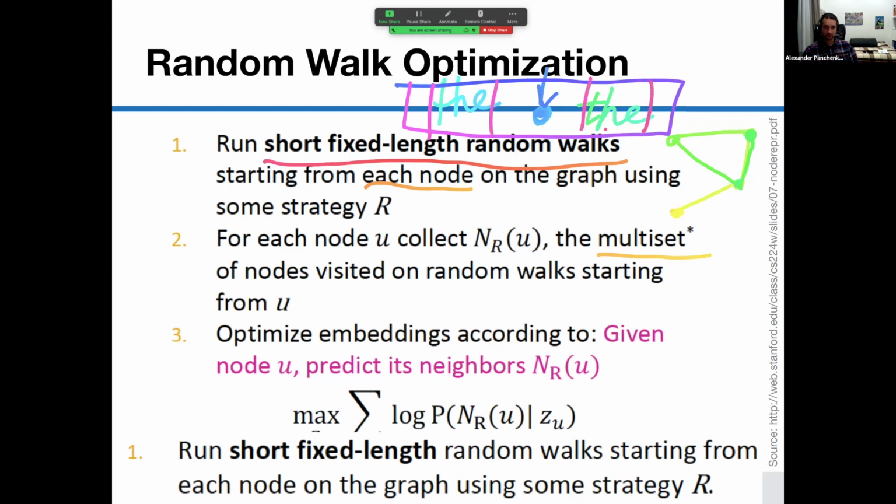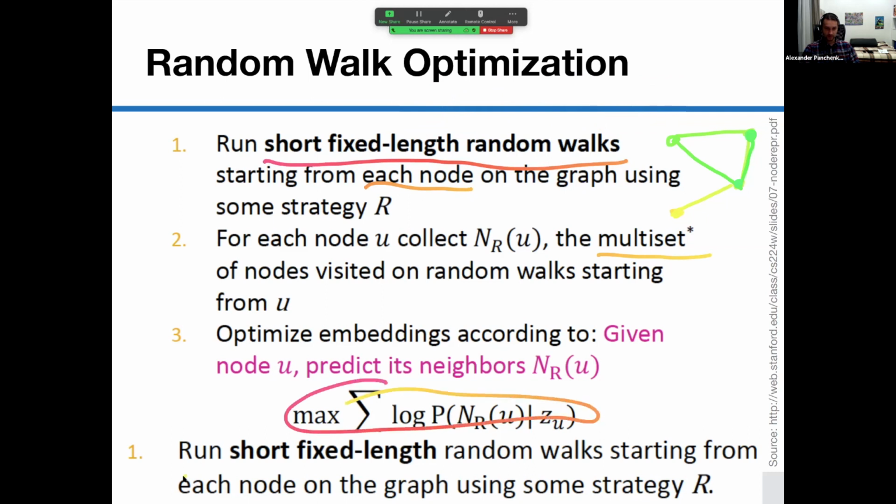It might very well be a good feature for this one. Okay. And then, given these collected features, you have to maximize the objective we mentioned.